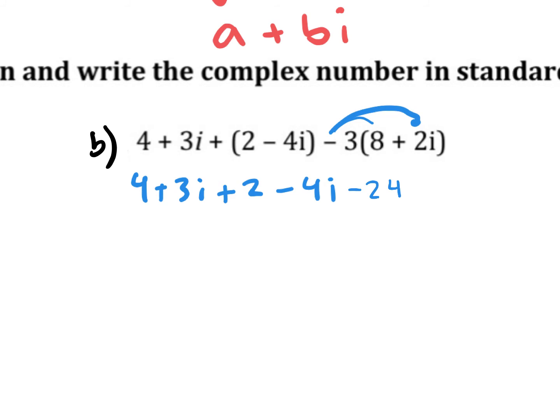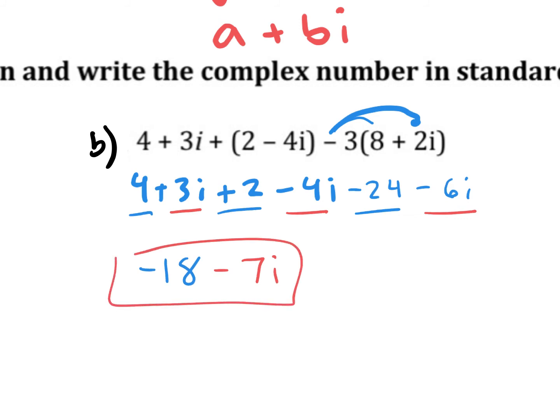And then negative 3 times 2i would be negative 6i. And then I can just combine my like terms. So I'm going to start with my real numbers first. So 4 plus 2 minus 24 would be negative 18. And then my imaginary numbers are 3i minus 4i minus 6i. So that would be negative 7i. So that's my answer.